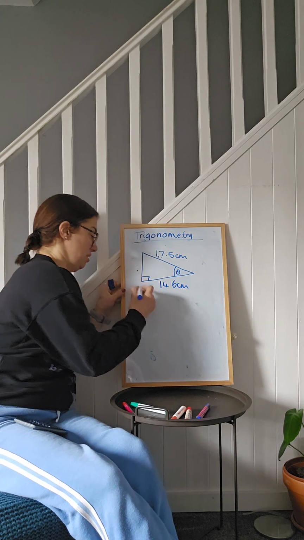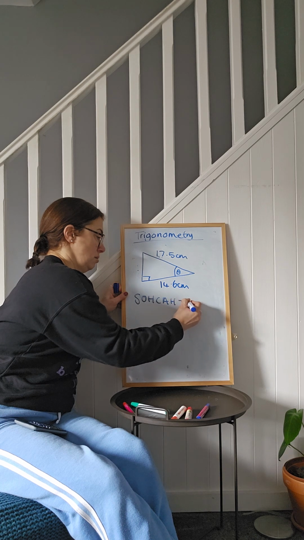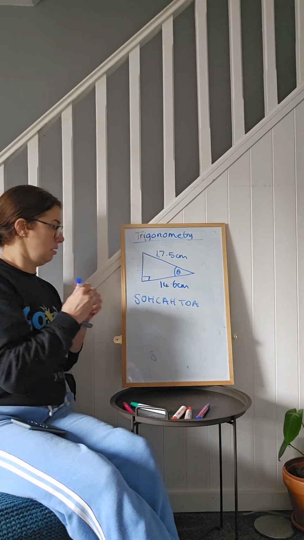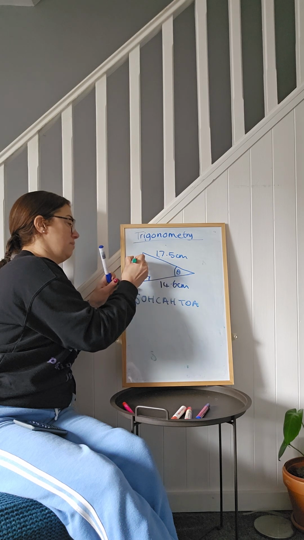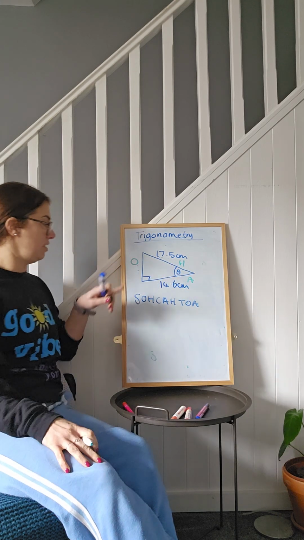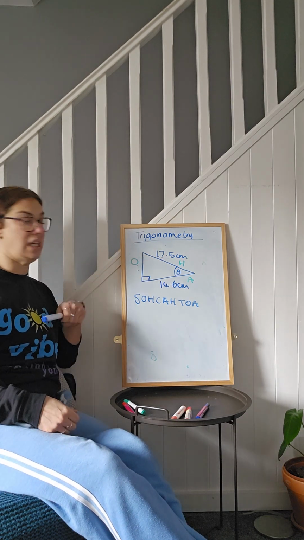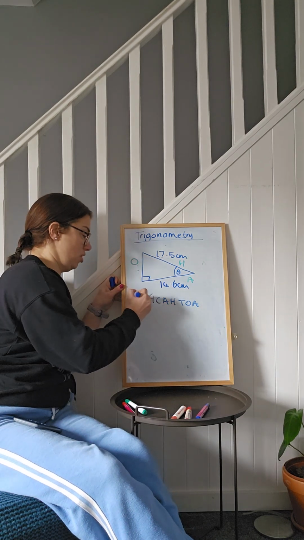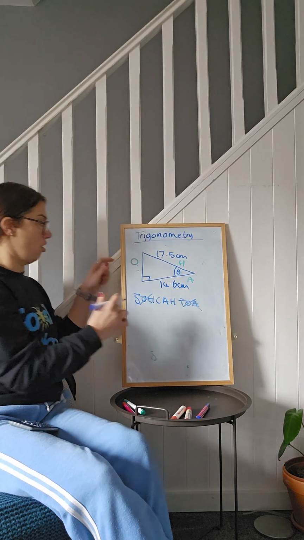Okay, so you should have put your SOHCAHTOA in. And then label your sides. So once again, this is my opposite, my hypotenuse, my adjacent. Now this time the O is redundant, it's not needed. So I'm going to get rid of everything with an O in it, and I've been left with C, so I've been left with cos.